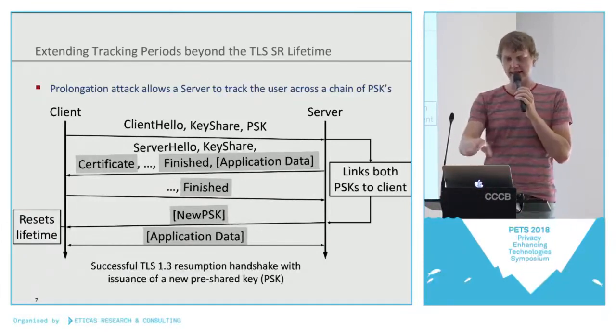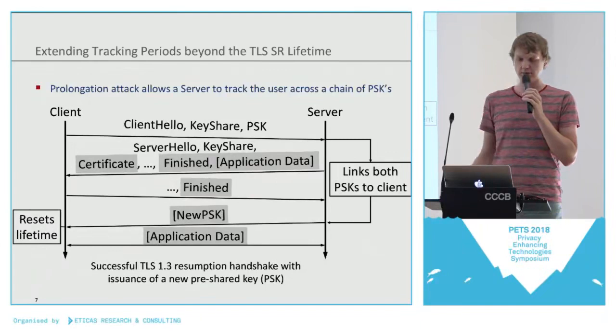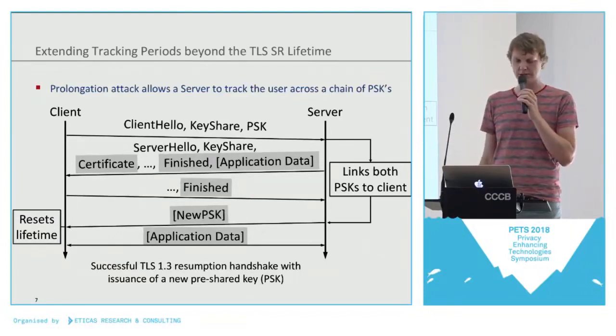And you see that the client provides this identifier to the server, and after the handshake, the server provides a new PSK, a new identifier to the user, which the user will use in a future connection.